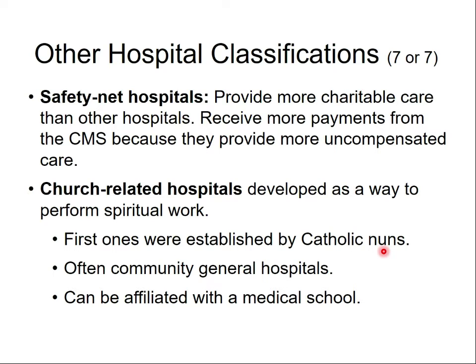So, looking at patients who might not qualify for health insurance, not qualify for a government provided health insurance like Medicaid, Medicare, and see how can we serve these populations, and that will be the safety net hospitals. Then there are also some hospitals, church related hospitals, and these have been developed in a way that they can incorporate spiritual work and aspect of missions and caring for their community.